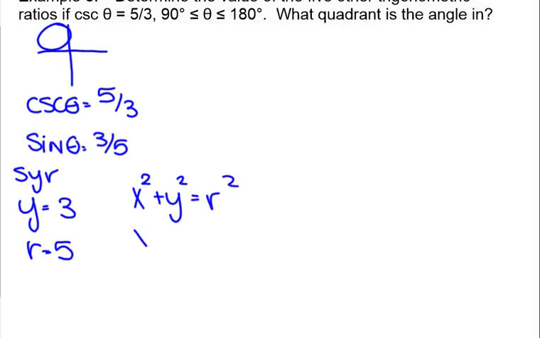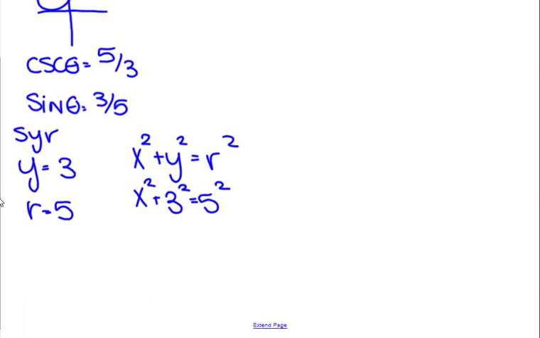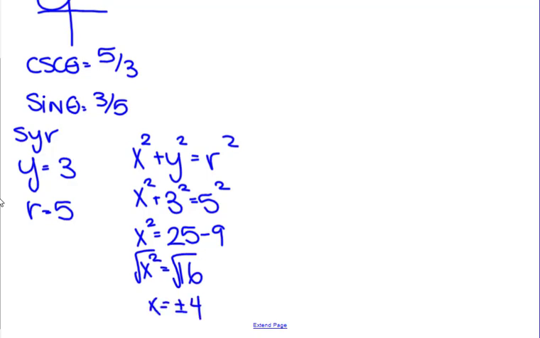And we're just looking for our x. Plus y, which is 3, is equal to our r, which is 5. X squared is equal to 25, subtract 9. X squared is equal to 16. When you take the square root, x is equal to plus or minus 4.